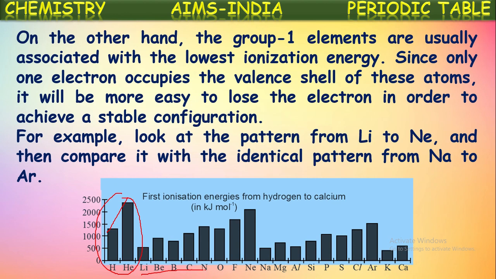Next period elements, from lithium to neon, it gradually increased. Of course, there are some fluctuations. For that also there are some reasons, such as stable configurations, which we are going to discuss later. But generally, it gradually increased in a period because the size is decreasing.